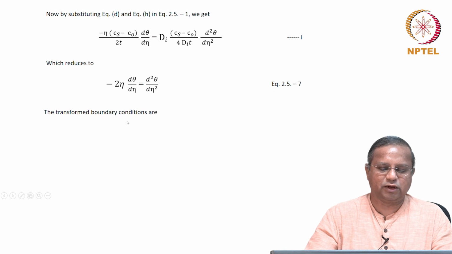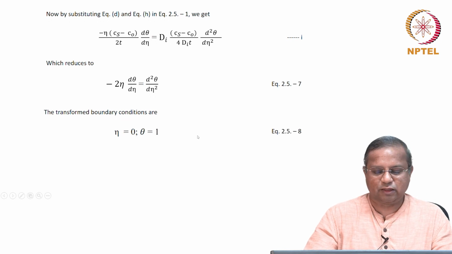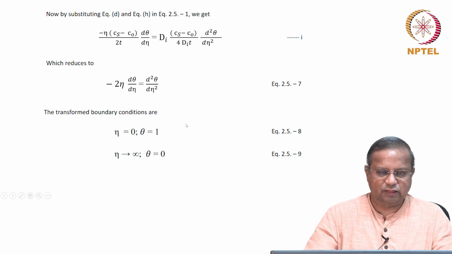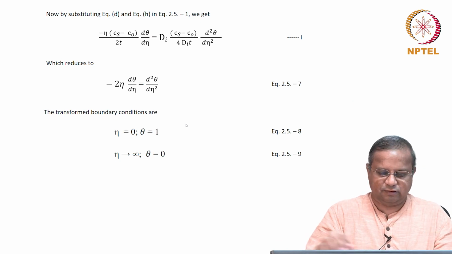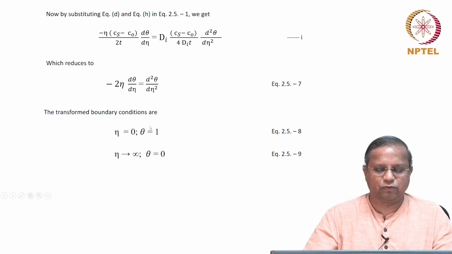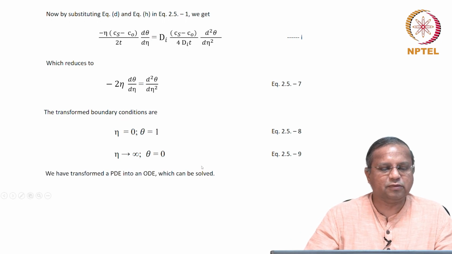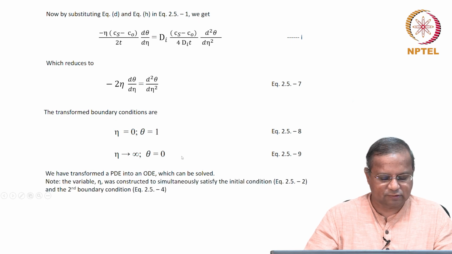The transformed boundary conditions, these are quite easy to see. At eta equals 0, theta equals 1, and at eta tending to infinity, theta equals 0, 2.5-9. I think we have been at these intense mathematical manipulations for a while now.